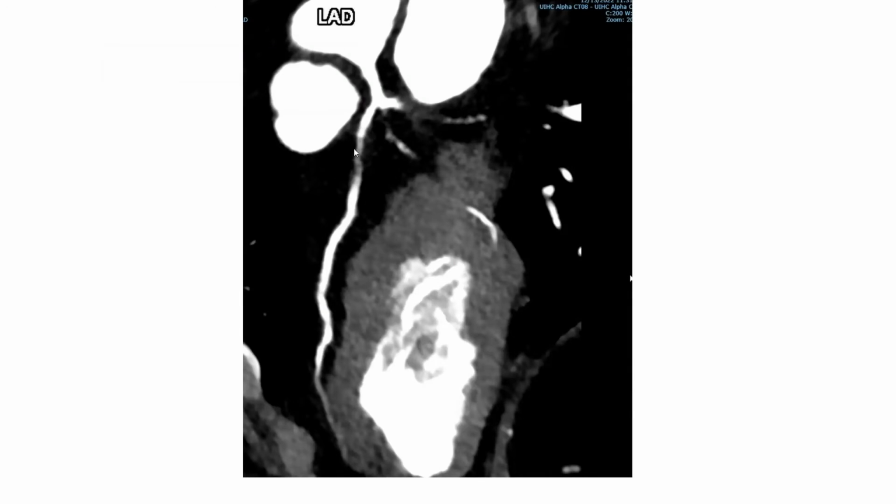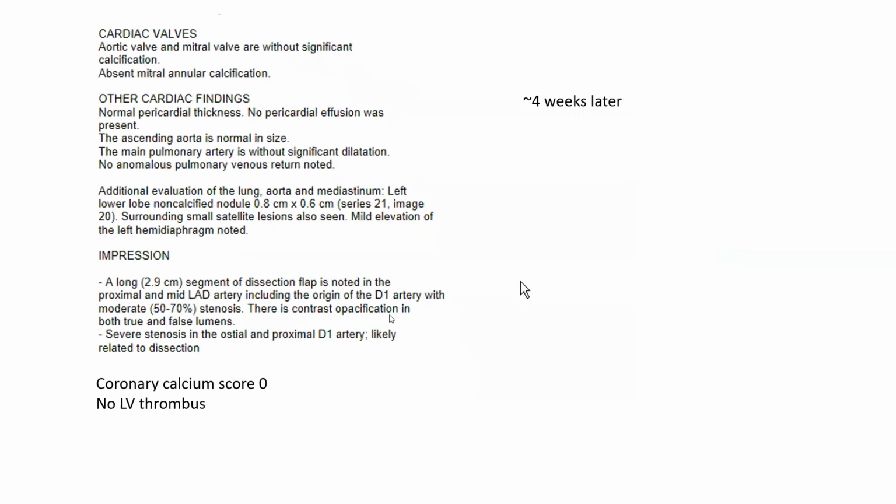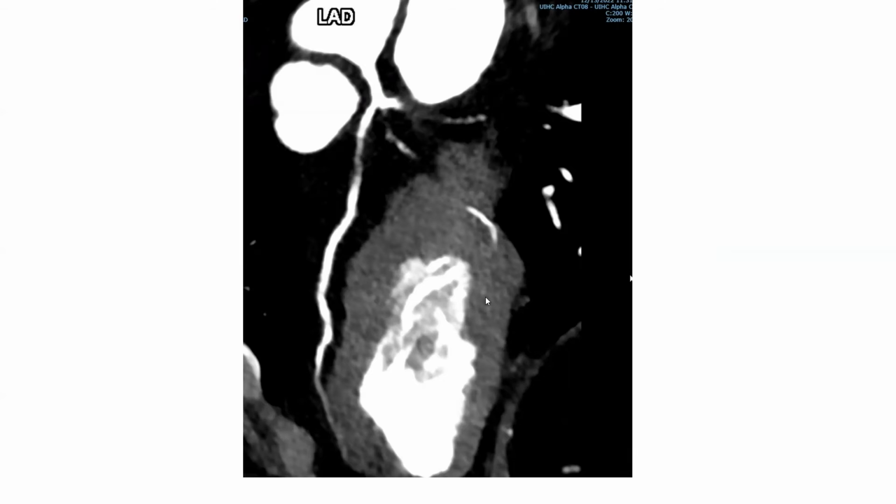And you can see the lumen has improved. It's no longer 95% as in that coronary angiogram. It was read as 50 to 70%. If we give it longer time, it may heal more. This was done at 4 weeks, at 6 to 8 weeks, it might heal even more.